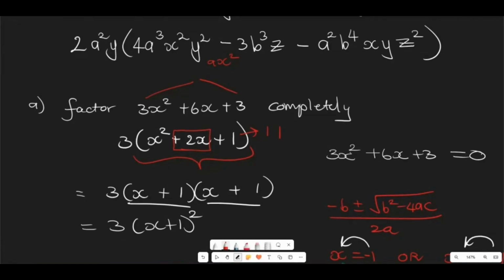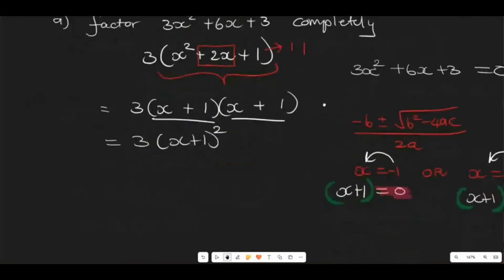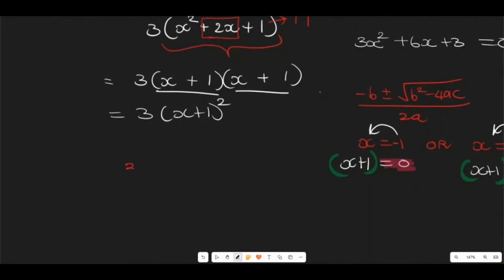Okay, so it's still 100% correct, because just look at your answer. You got 3x plus 3 multiplied by x plus 1, so you can take out a common factor of 3 over here, and then you just have your x plus 1 and x plus 1 as well. So you can definitely do that, Patricia. That's correct. It's just another way of showing it.